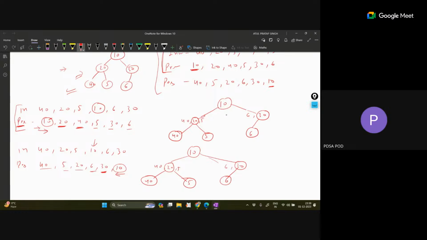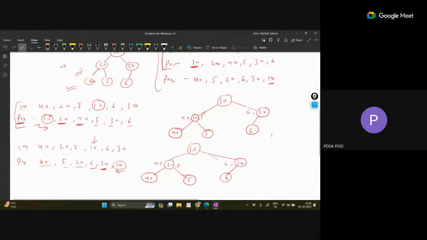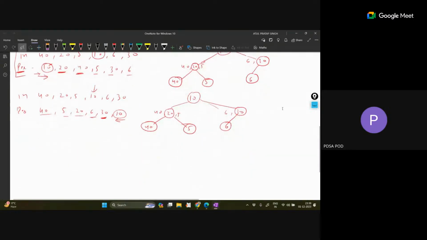And if pre-order and post order are given, then this is a little bit logical. Okay, so I think that is not required. Little tricky. I can try like this also. Pre: 10, 20, 40, 5, 30, and 6.